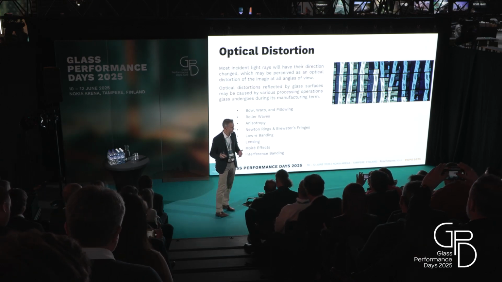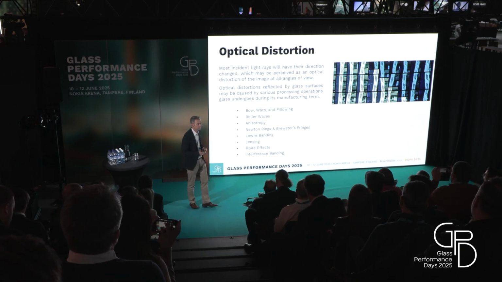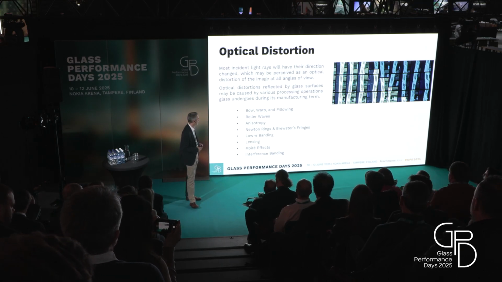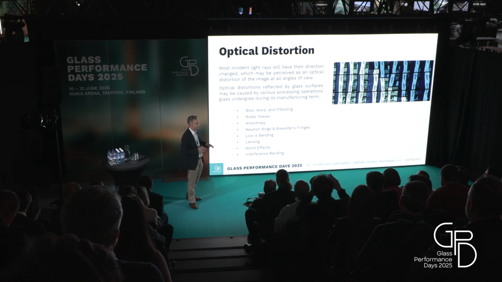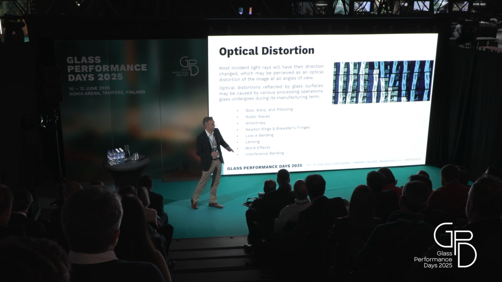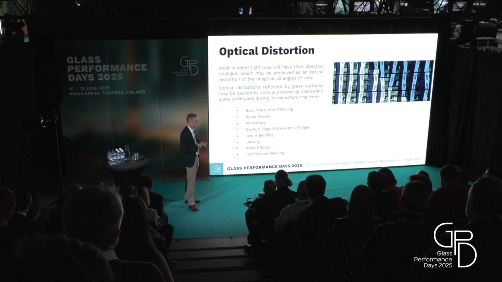We do have bows, warps, pillowing effects. We have roller waves being introduced by the tempering process of glass. We have anisotropies, which are also introduced by the tempering process while the glass goes through a tempering furnace and is differently heated up. We have Newton rings and Brewster fringes.